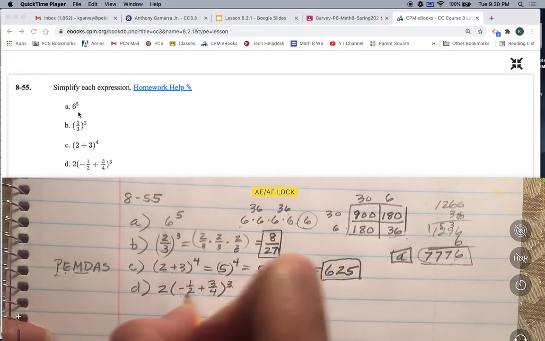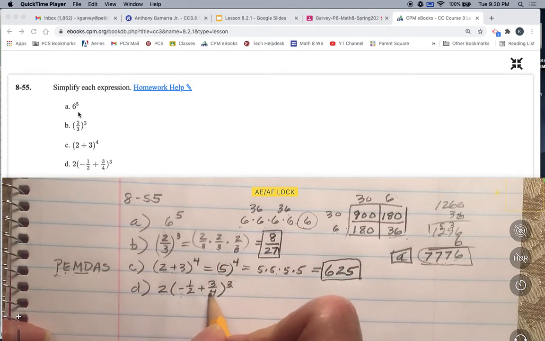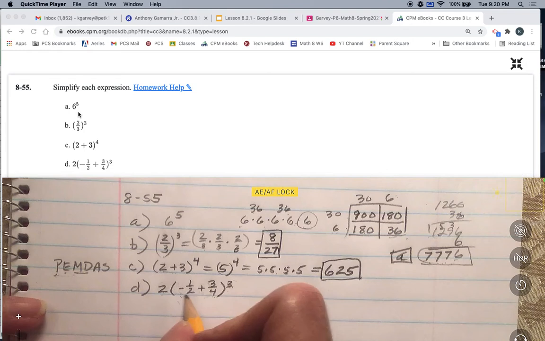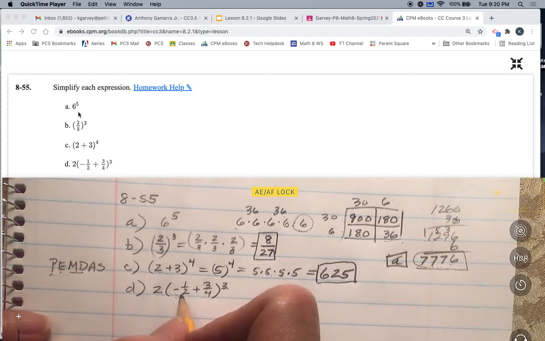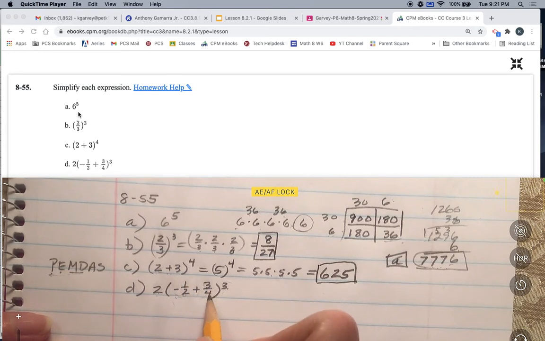Okay, if we add these two together, we really need to have a common denominator to do that. And we know that 1/2 is actually 2/4. So a negative 2/4 added to a positive 3/4 would leave you with 1/4.